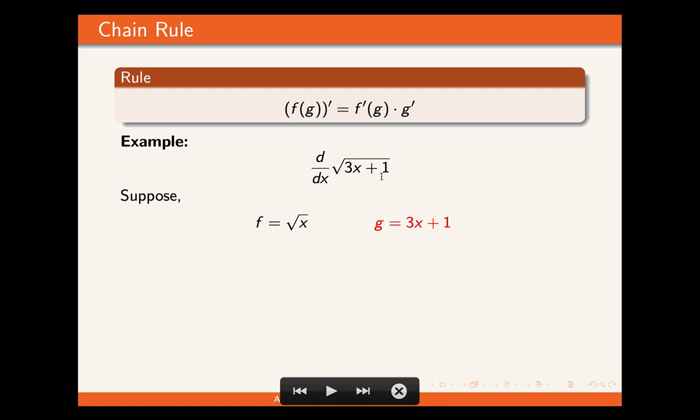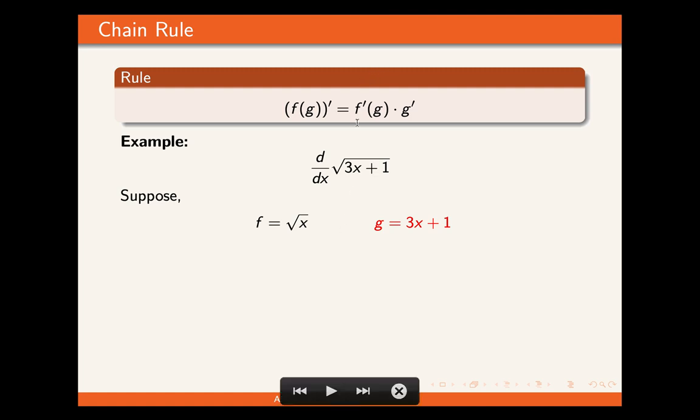So it makes sense that the square root of 3x plus 1 is the composite of the square root of x and 3x plus 1. So now we know what f and g are for this formula.